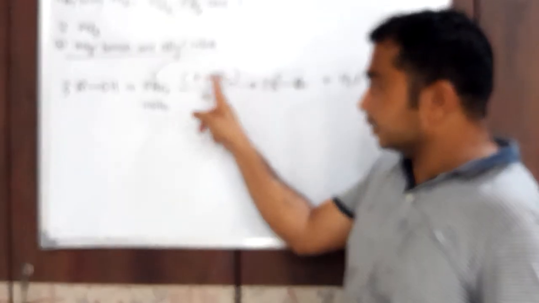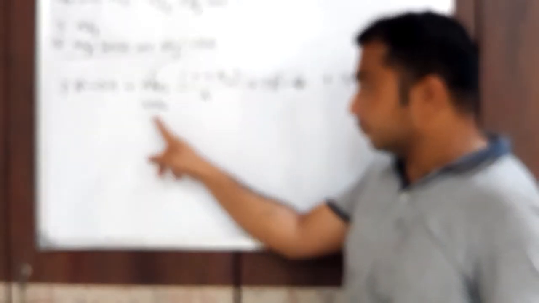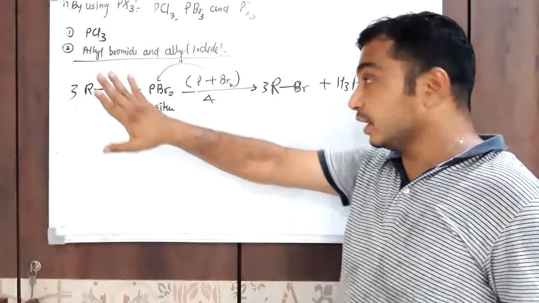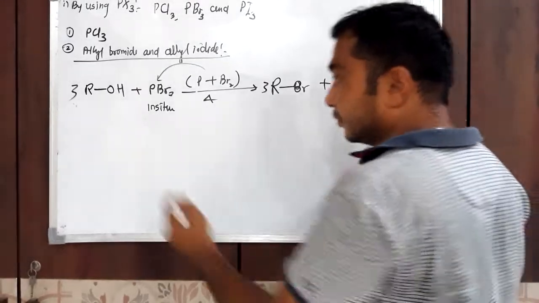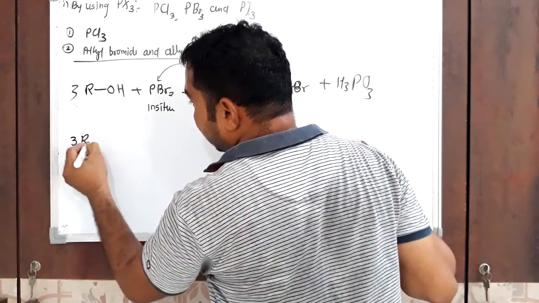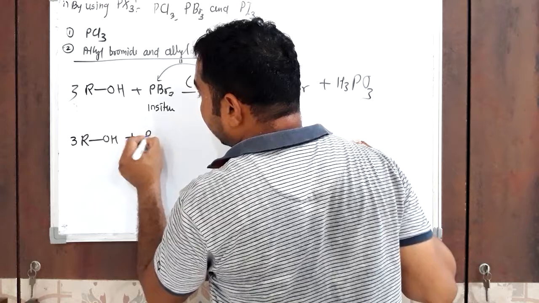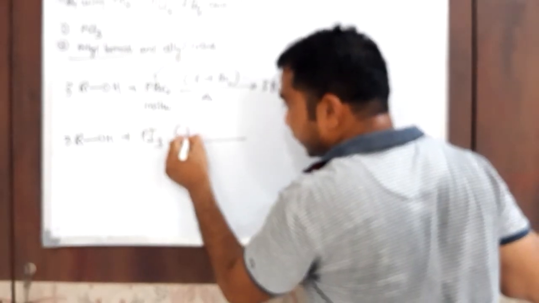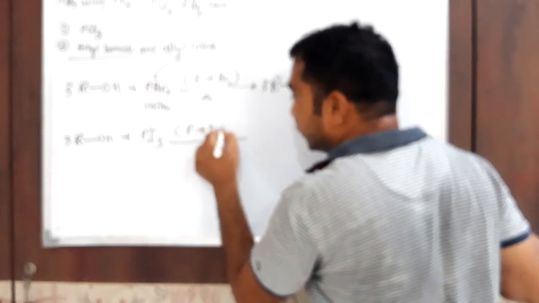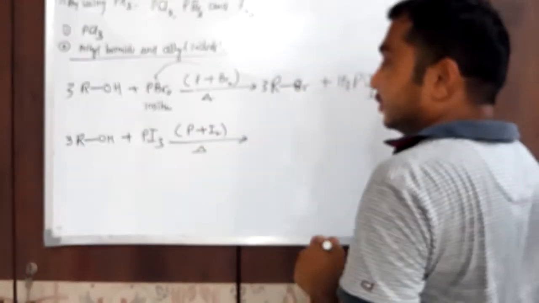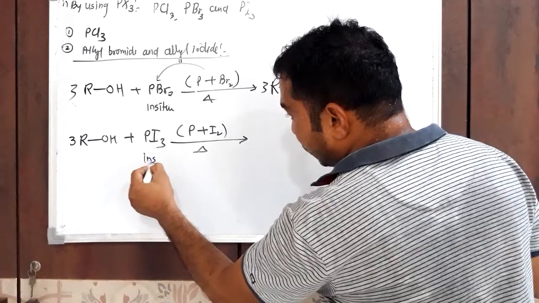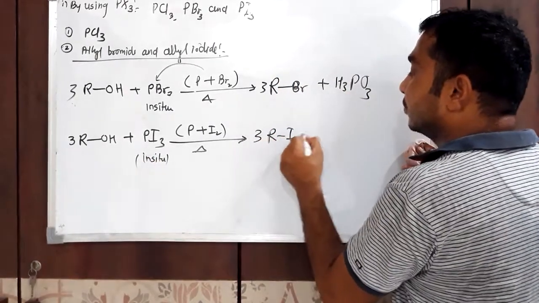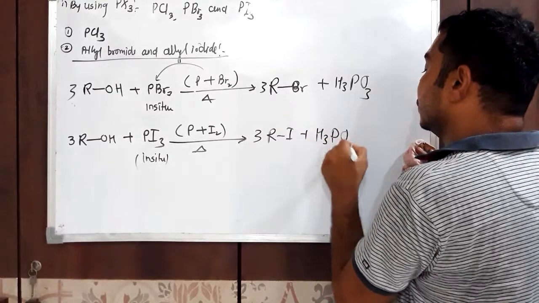If you want alkyl iodide, then PI3 forms in situ from phosphorus and iodine, giving alkyl iodide plus H3PO3.